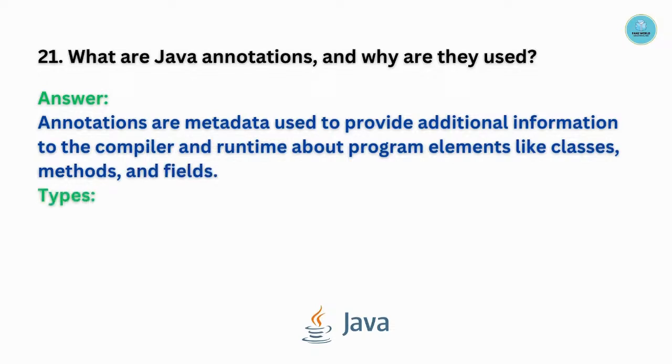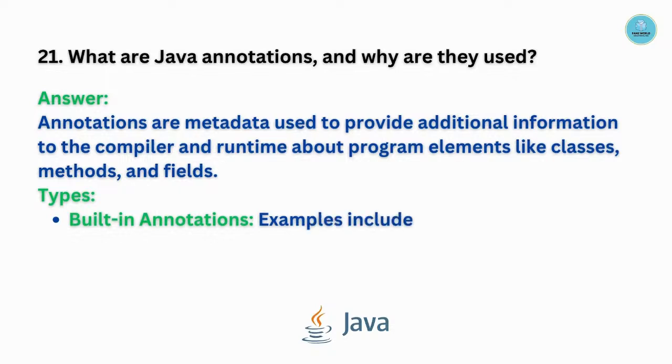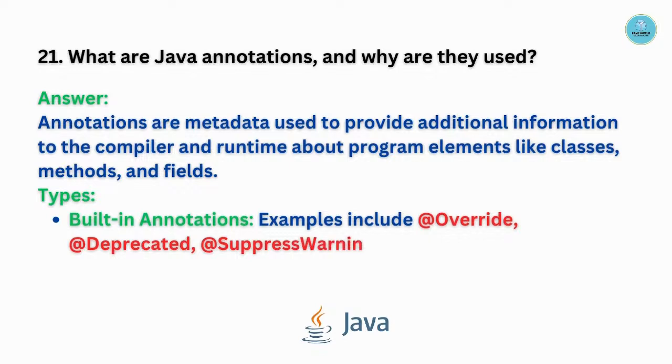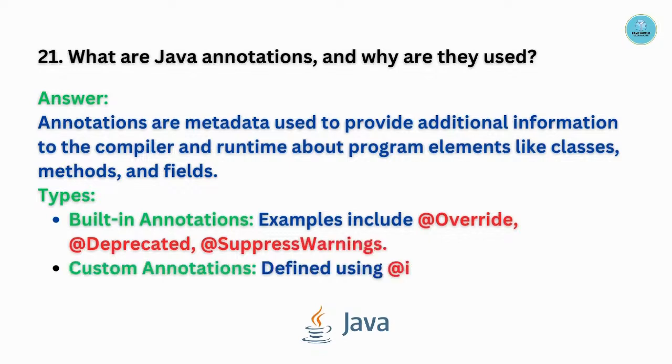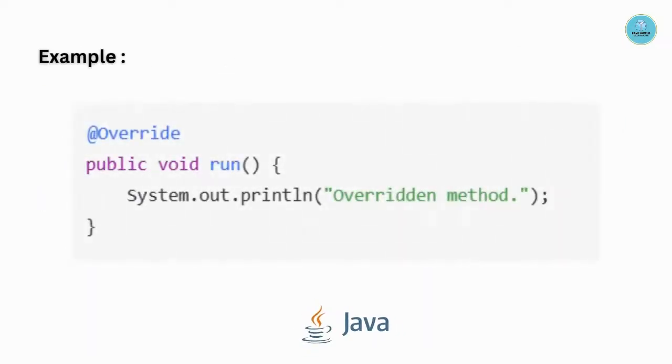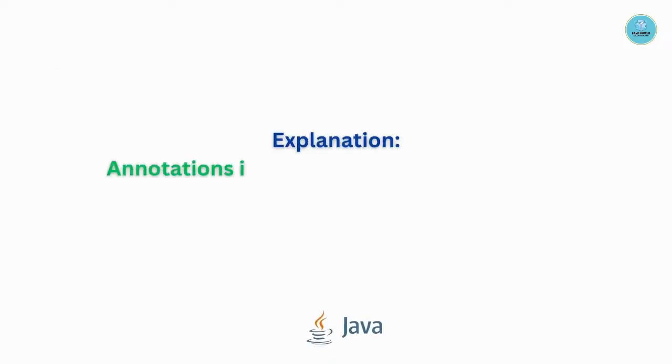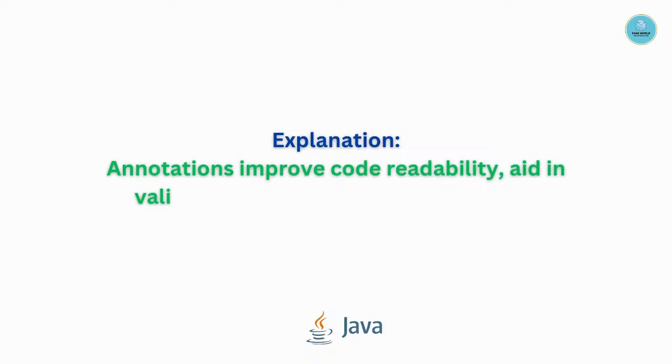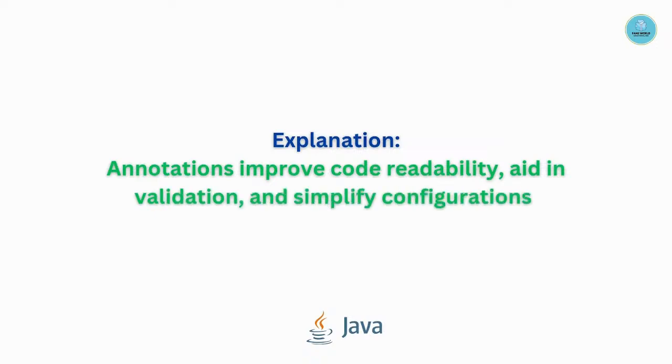Built-in annotation examples include Override, Deprecated, SuppressWarnings, and custom annotations are defined using @interface. Example is as follows. Annotations improve code readability, aid in validation, and simplify configurations.